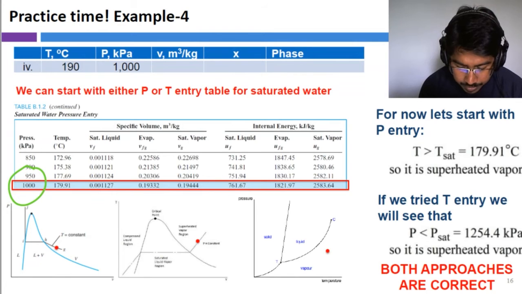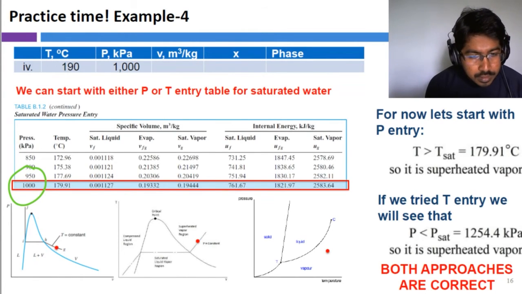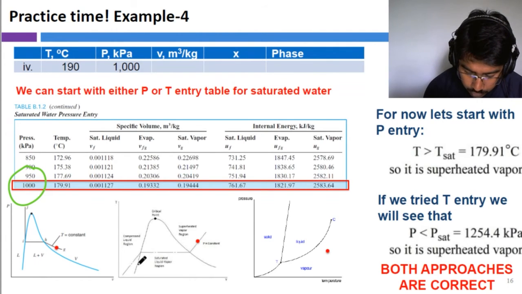I'll tell you why in a bit, right? Let's start our discussion with TV diagram, right? There we draw constant pressure lines for 1000 kilopascal. For 1000 kilopascal, this is our constant pressure line.